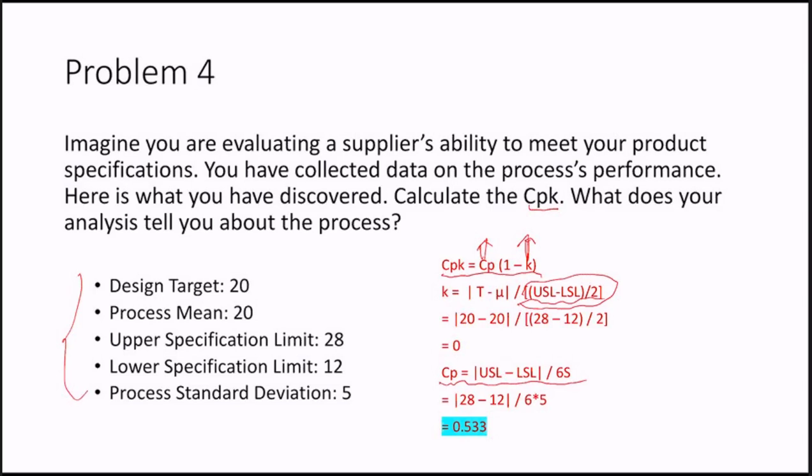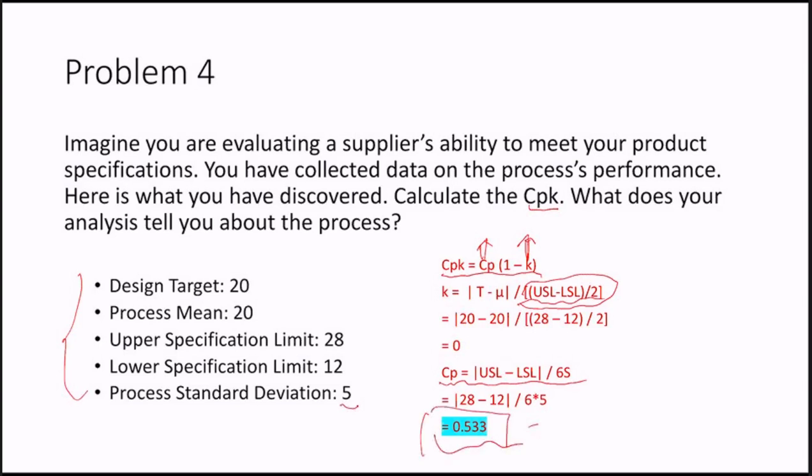So we use 28 minus 12, take the absolute value, and divide by 6 times sigma. Sigma is the standard deviation, which is 5, so we will be able to obtain the CP.